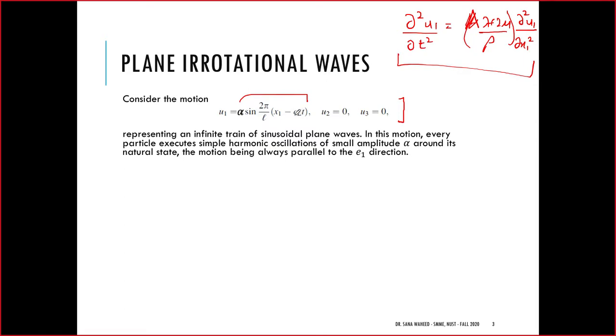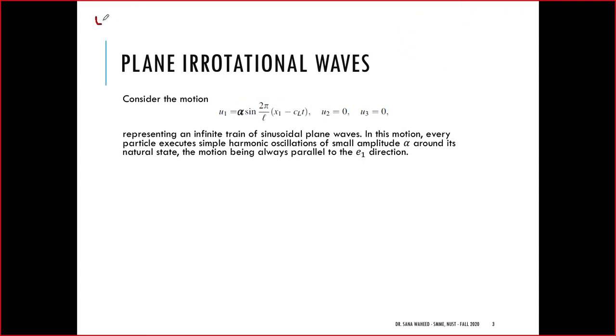We'll discuss what those are in just a little bit. For now, just focus on u1 being a function of x1 and time, both being within the argument of a sine function.